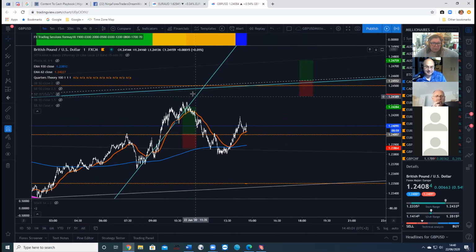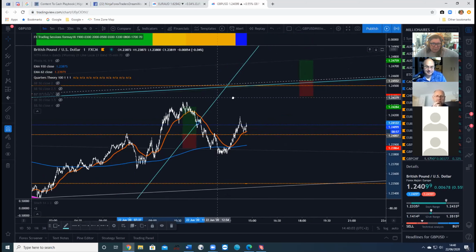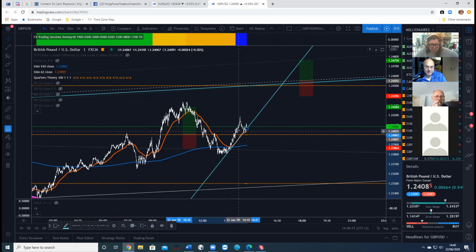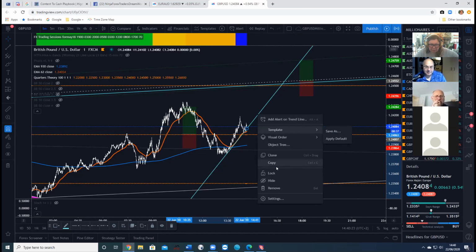So what have we got happening now? Is that a similar angle? It's been even steeper. It's just tested the 62. That's your crossover there, and that's working its way up there. I'll leave that as a trend line.